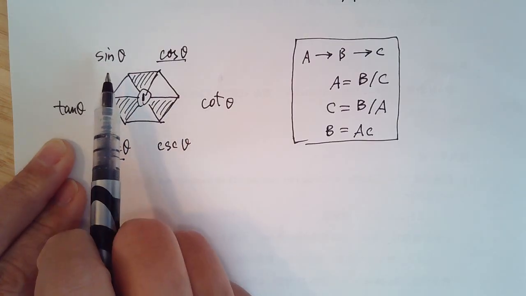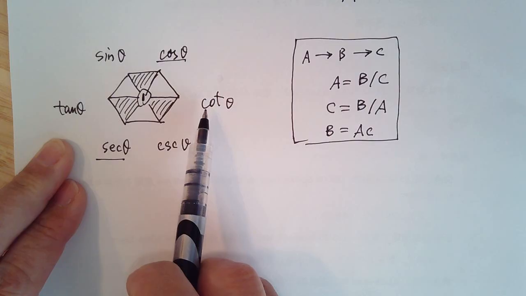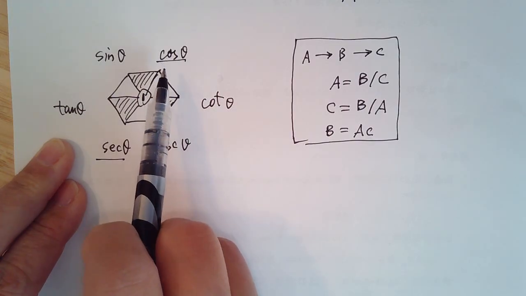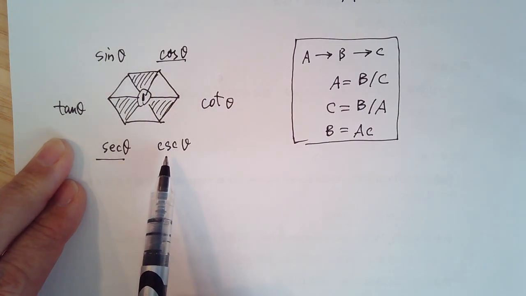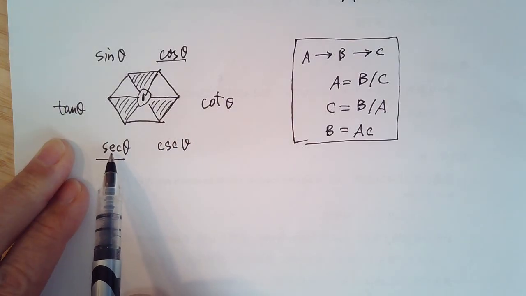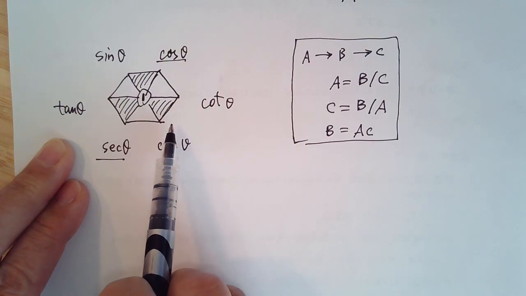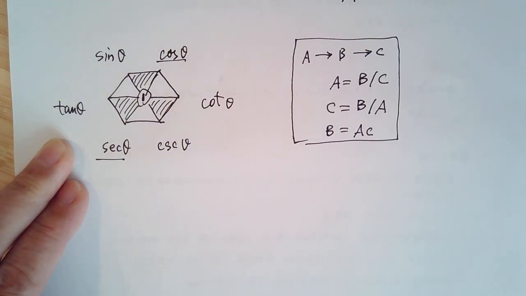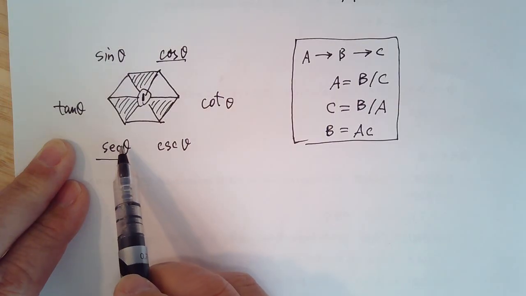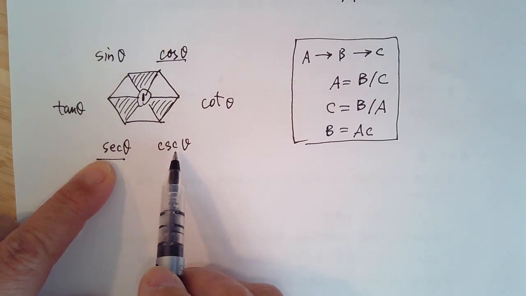And the same thing, sine theta is cosine theta over cotangent theta. Cosine theta is cotangent theta over cosecant theta. Okay, backwards. Secant theta is cosecant theta divided by cotangent theta. Sounds very good, right? And also secant theta times cotangent theta is cosecant theta.